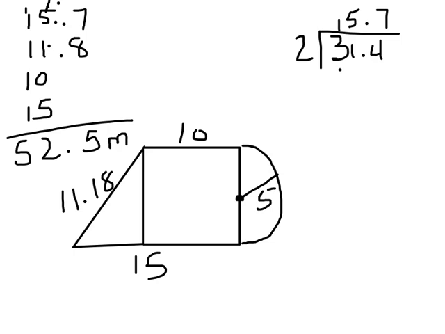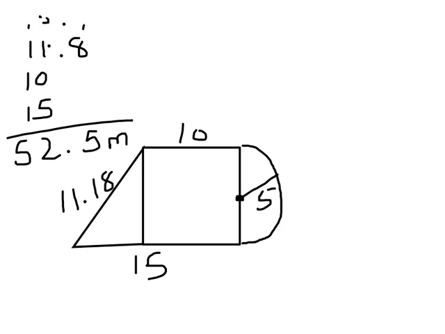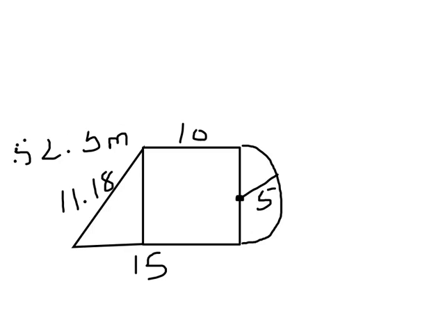Now, basically we're going to have 3 different figures that we'll find the area for, and then we'll add those together just like we did over here for the perimeter. Alright, so if I can get all this erased here, give me some room to work.